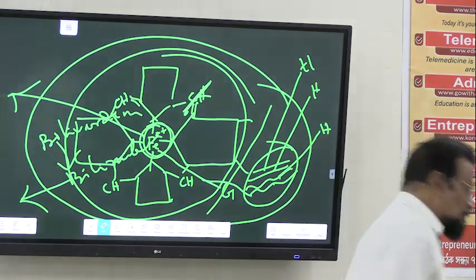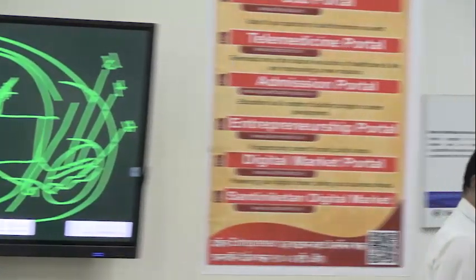Now the liver will make it conjugated with glucuronic acid. When it combines with glucuronic acid in the liver, in the hepatocyte, it is transformed into conjugated bilirubin.